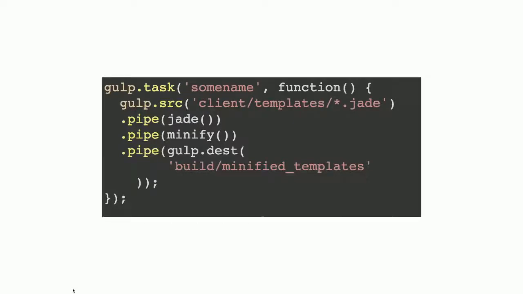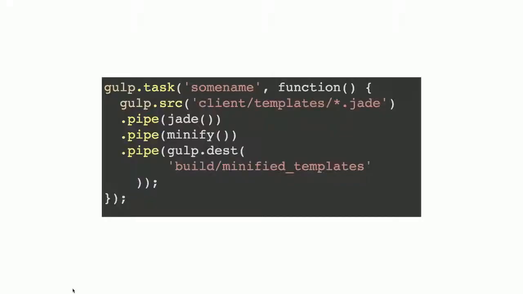We define the task with some name, and pass the function as a second argument. And we take some source file and pipe it through the different tasks which we defined in other files, or those tasks are defined by the plugins. So what you see here is basically pure JavaScript enhanced with libraries, which runs in Node.js again.